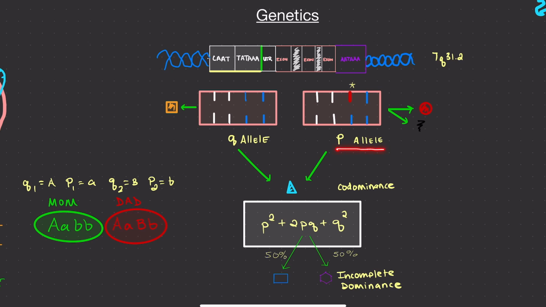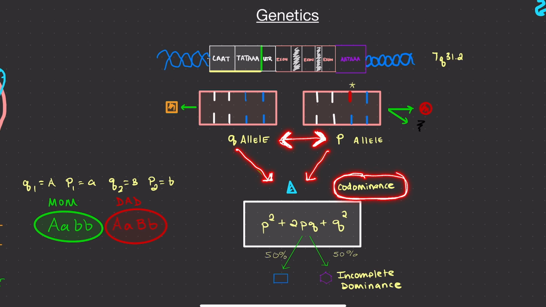Alternatively, you could have the P allele. This is where a mutation occurs, and maybe this expresses a different phenotype, and you can get taller, perhaps, if you had this mutation. If you have two separate alleles with two different nucleotides making up their allele structure, and they express the same phenotype, we refer to this as codominance, and I've represented this by a blue triangle here.